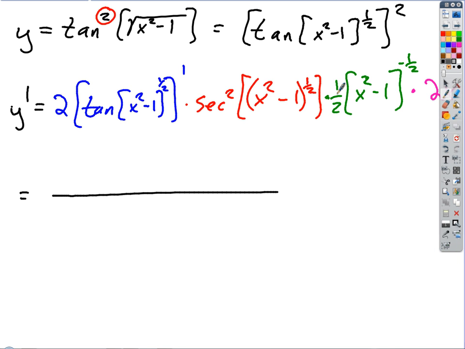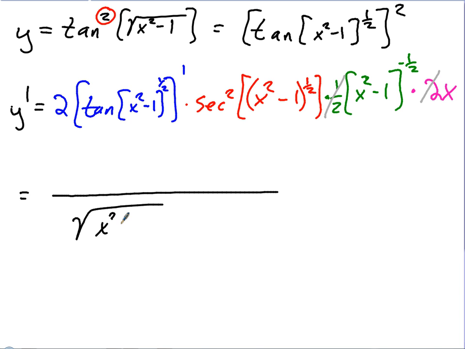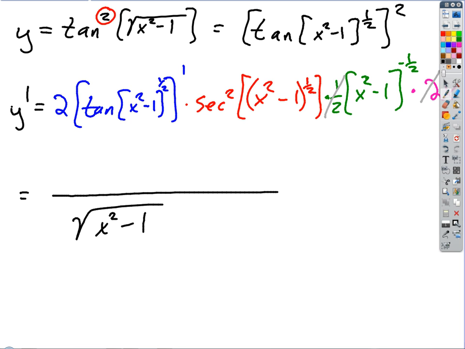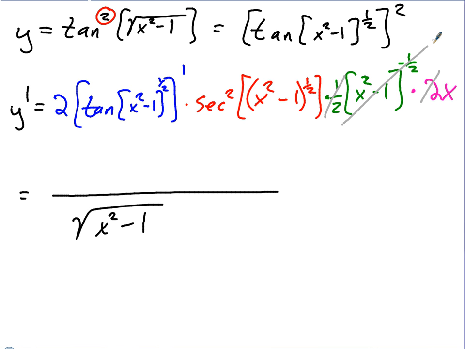So I can cancel that guy with that 2. Good. And then what's going to be stuck on the bottom? There's only one thing on the bottom. If it's to the negative 1/2, square root on the bottom, right? Okay. So we get square root of x squared minus 1. Good. He's taken care of. Now I've got a bunch of stuff on the top.